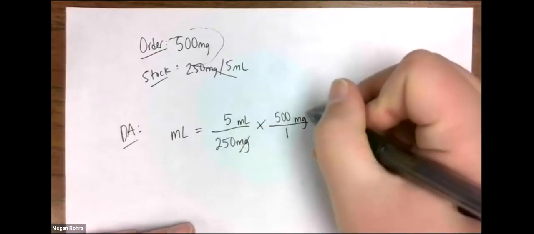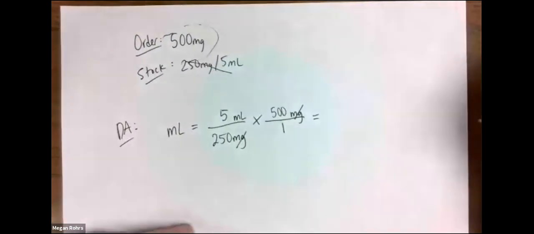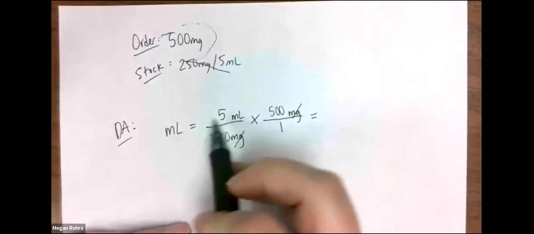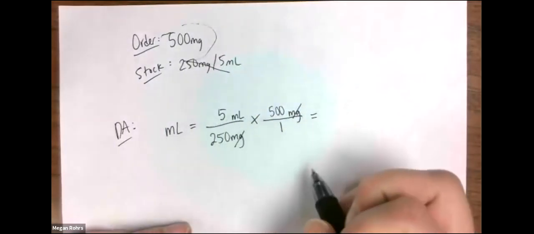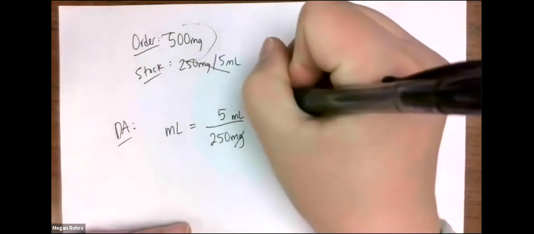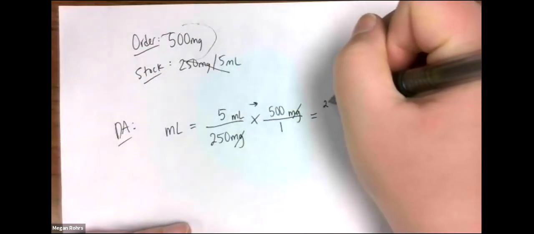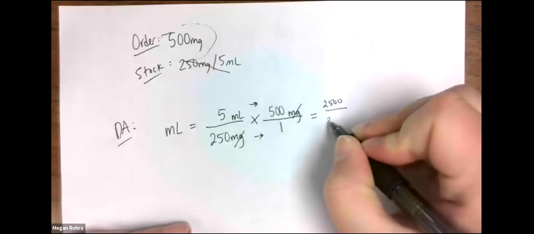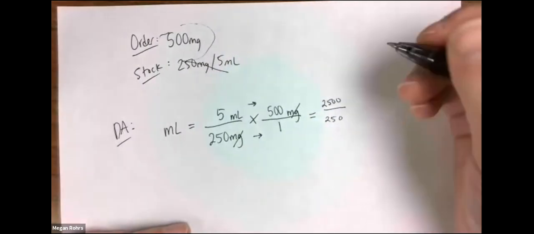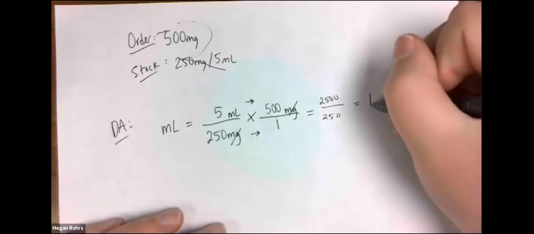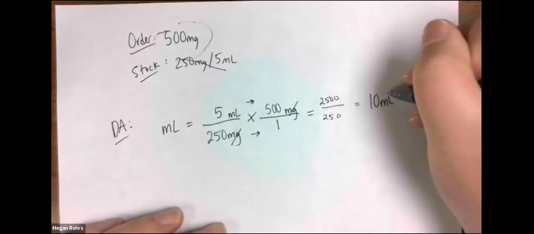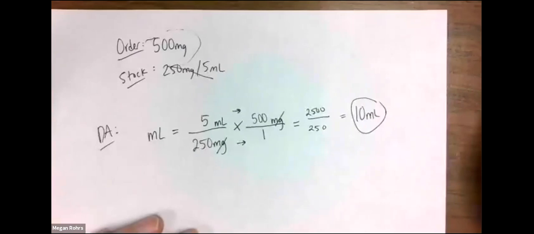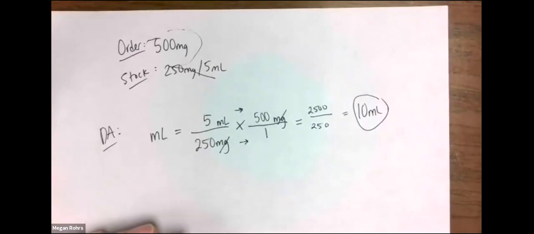So now my milligrams will cancel, and I'll be left with mLs, which is what I want. So now I can solve. So 5 times 500 is 2,500. 250 times 1 is just 250. When we divide those, we still end up with 10 milliliters for our dose volume.